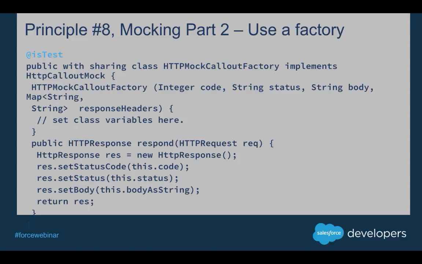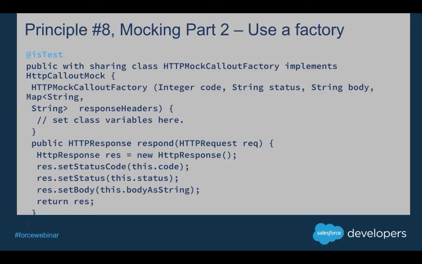Here's what that looks like. I use a factory to create my mock callouts, and you'll see here it implements the HTTP callout mock interface, and then we've got a constructor here that takes in an integer for the code. That's going to be like a 201 or a 404, a string that's the status, like OK or permission denied, a string of the body, what we want to be returned to us as the body, and then a string of response headers.